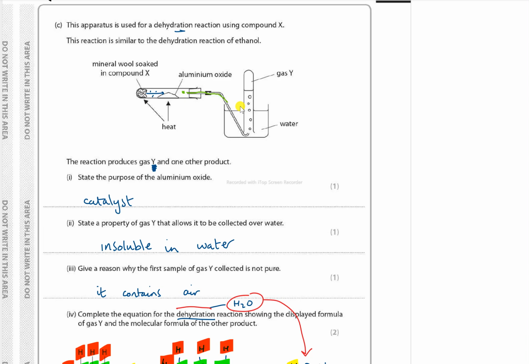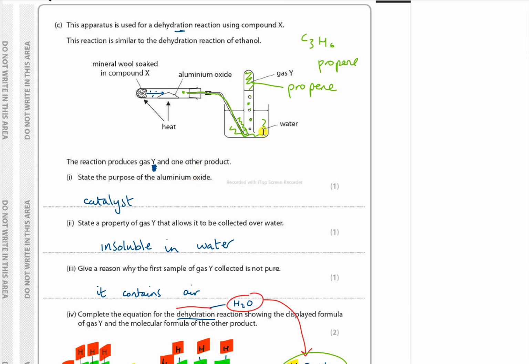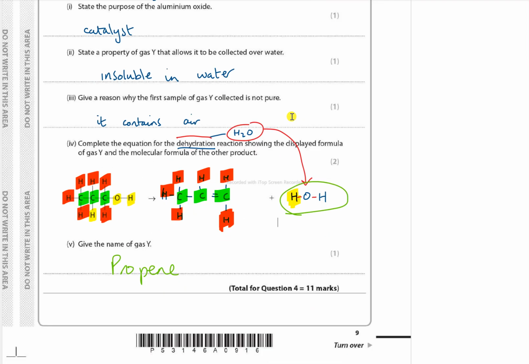So water travels down here as steam and it'll become part of this. And now the other gas, the alkene, because you've got 3 carbons, 6 hydrogens, is going to be called propene. And that's the one that bubbles up here. So that there is propene. Right, so we have to put propene here, because that water will become part of the water in the trough here. Right, okay, let's move on.